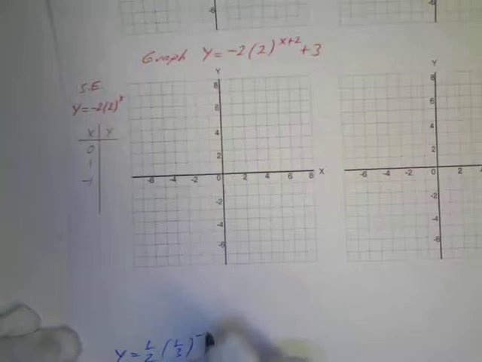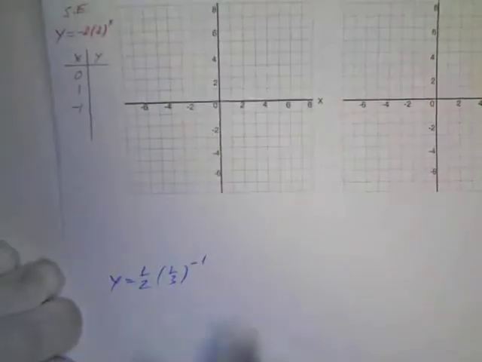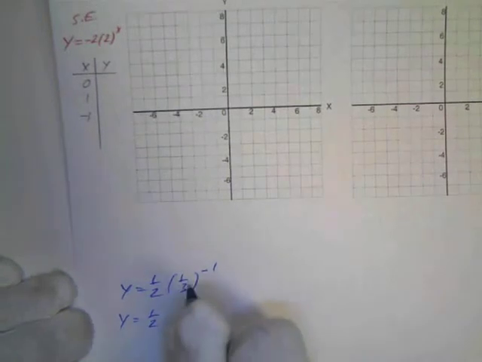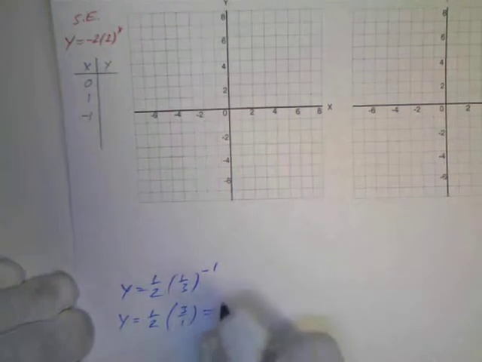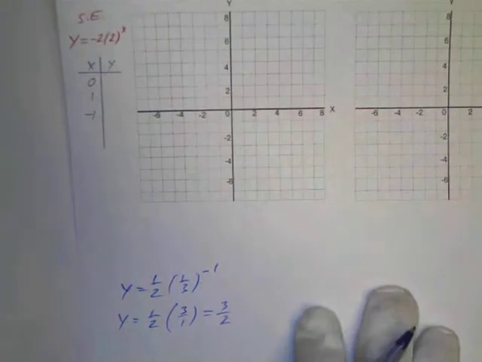Let's say to the negative 1. All right? You can see down here. So that's going to equal 1/2, and then if I take this to the negative 1, I just flip it, so it's going to be 3/1. And 1 times 3 is 3, and 2 times 1 is 2. So we have 3/2, which is 1 and 1/2. So that's kind of how you would work these out. Okay?